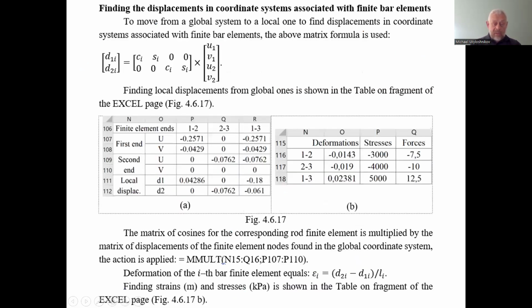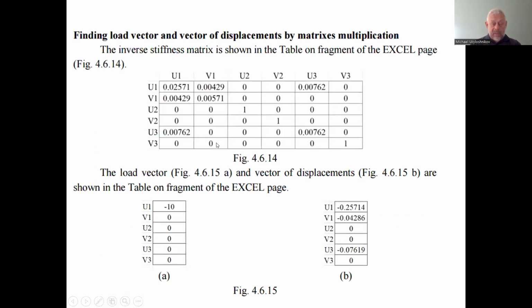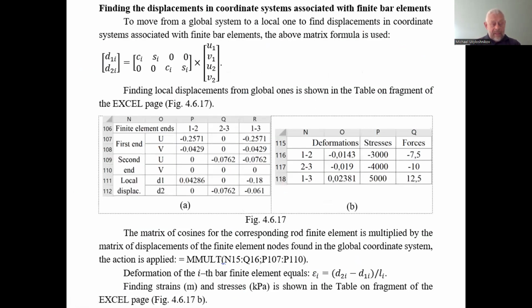After that, we define the displacements again in the local coordinate system. For the first and the second end of each finite element, the first one between nodes 1 and 2, the second one between nodes 2 and 3, the third one between nodes 1 and 3, we just copy the displacement of a definite node to the displacements of the end of the finite element.